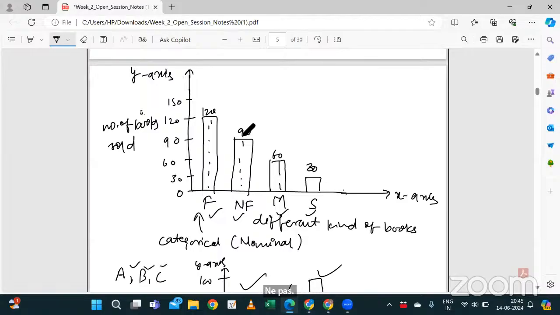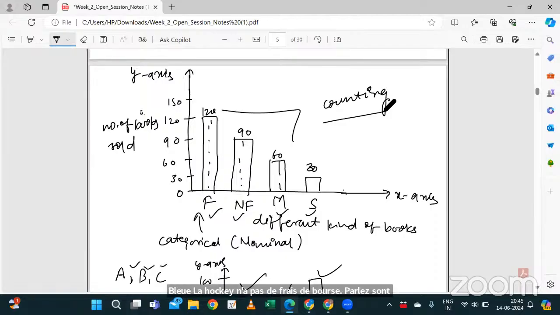Here we are presenting the counting of different groups. So this kind of chart is called a bar chart, and we use it when we are interested in the counting of something.